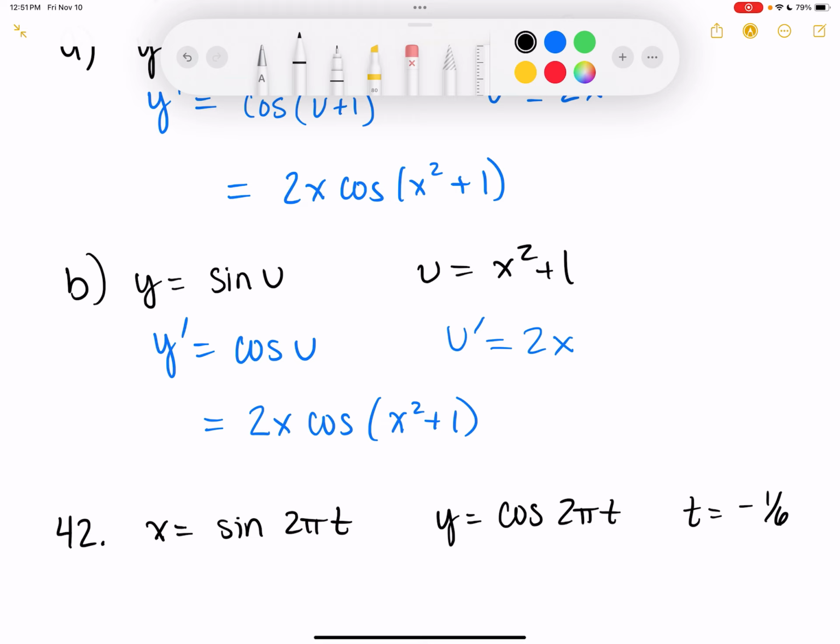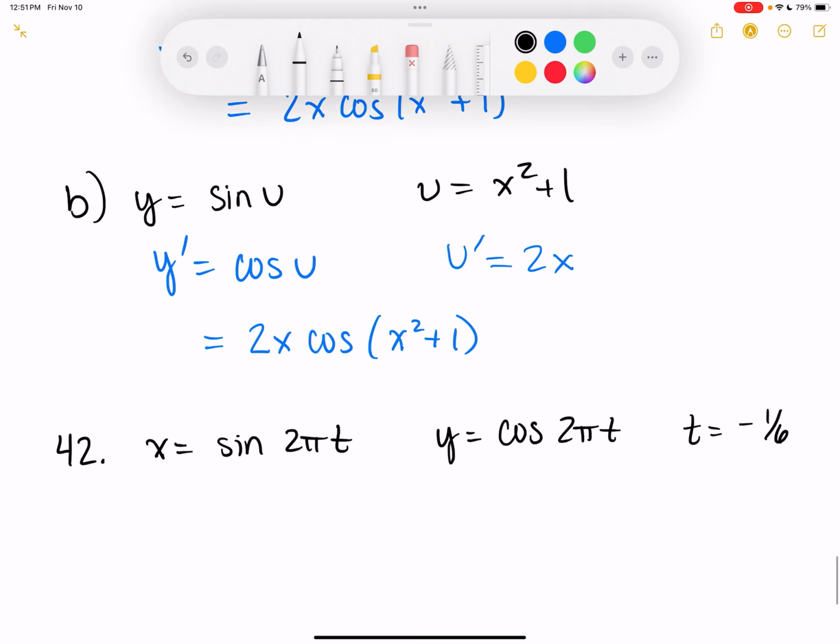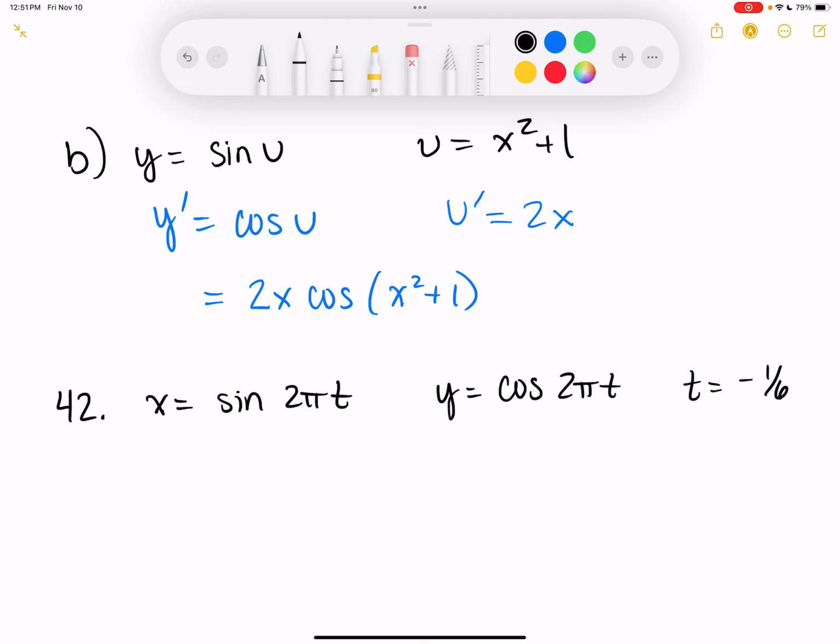Before I do anything, these are technically parametric in nature, the way they're written, because they're with respect to t and I have x and y separately. To get my xy coordinate that I will ultimately use for the line, I'm going to plug t into the x equation and the y equation, and then I'll get the coordinate that I'm going to use at the bottom when I'm ultimately done.